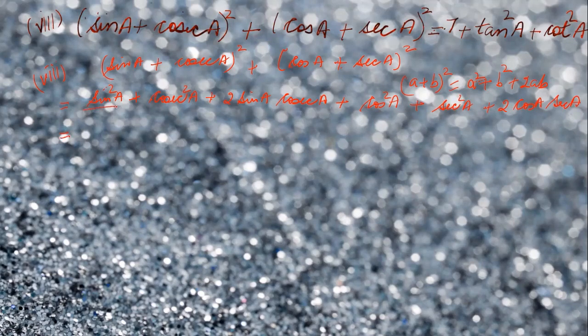Now from the first identity, you know sin square A plus cos square A is 1. Then you know the two identities we will be using, that is 1 plus tan square A is sec square A and 1 plus cot square A is cosec square A. Now use these identities.